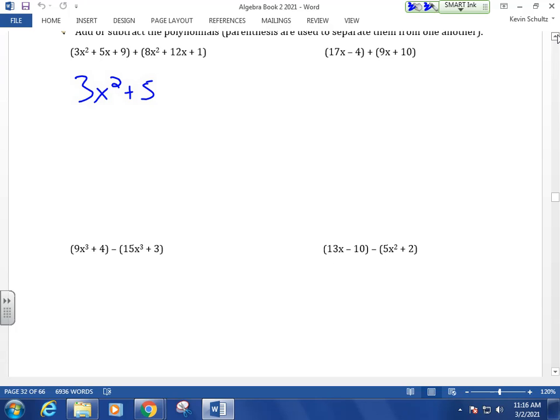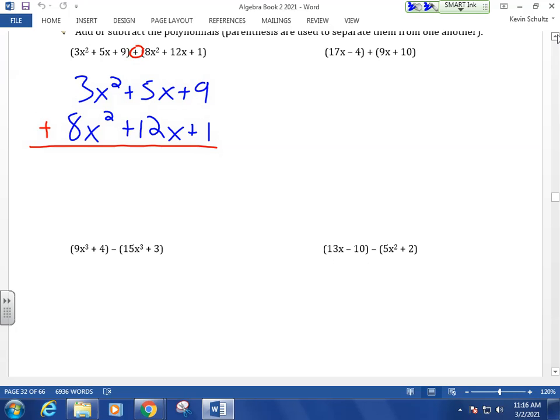3x squared plus 5x plus 9. And then below that, our second expression, 8x squared plus 12x plus 1. Again, we're lining up those like terms. Our operation is addition. And it's really now kind of back to PO40, when we just combined expressions using the elimination method. We're not trying to get 0x or 0y here, but it's that same combining feature.